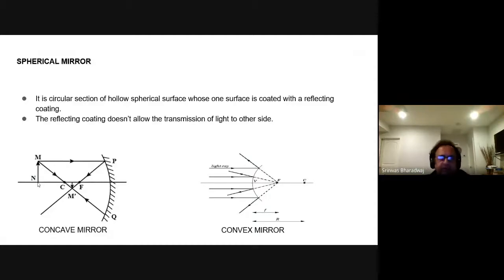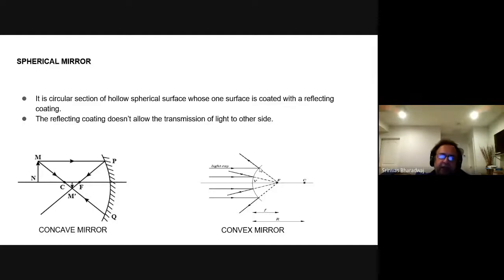Now, in the case of a convex mirror, it's a little bit different. The incident light, because the mirror is like this, is reflected and will go that way.